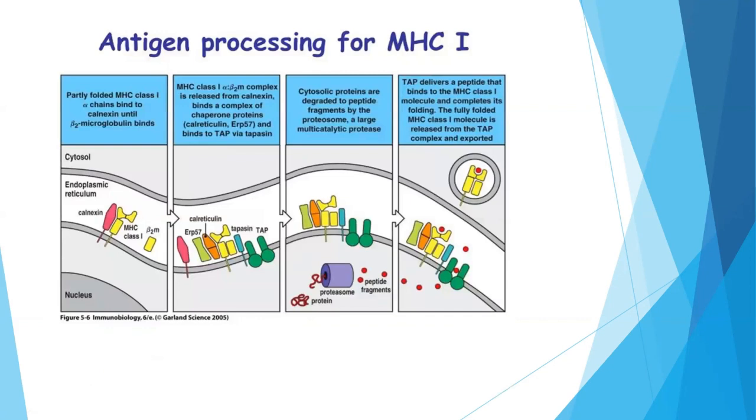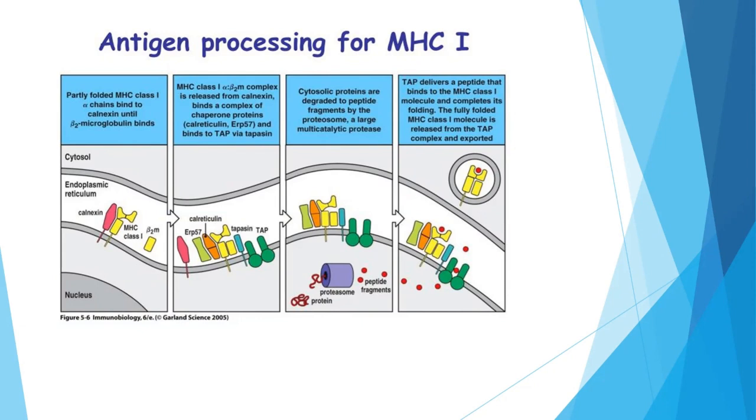So the antigen processing for MHC1. The partly folded MHC class 1 alpha chains bind to the calnexin until the beta-2 microglobulin binds. Okay, we have seen that MHC1 has the substrate protein beta-2 microglobulin, remember? Now the MHC class 1 complex is released from calnexin and binds a complex of chaperone proteins and binds to a TAP via tapasin, okay?